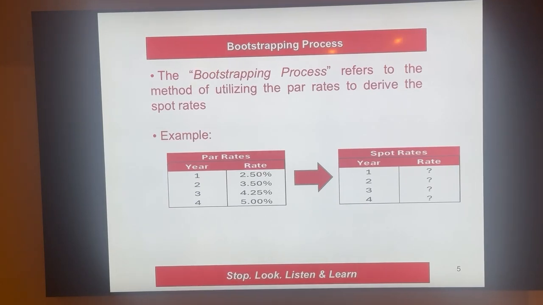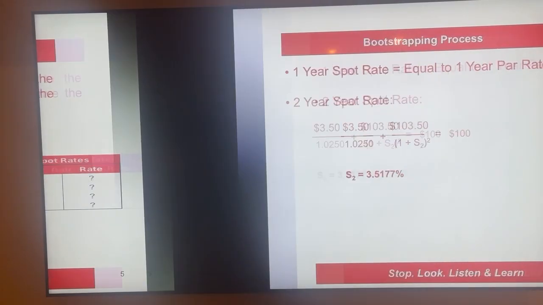Now let's look at the bootstrapping process. Essentially, the bootstrapping process is the method that is used to compute the spot rates, and that method involves starting with the par rates and then using those par rates to compute what the spot rates will be. And let's take an example to show how this is actually done.